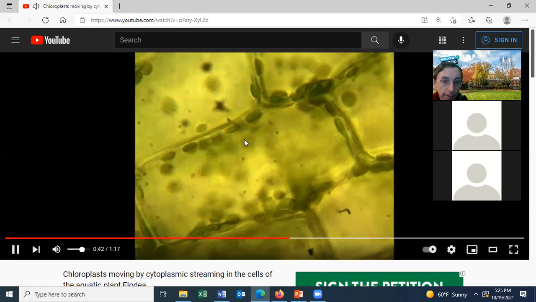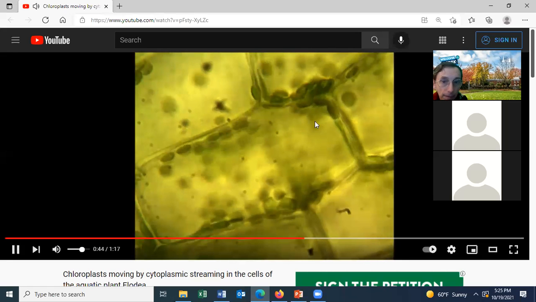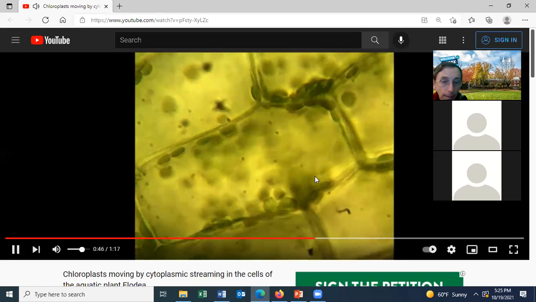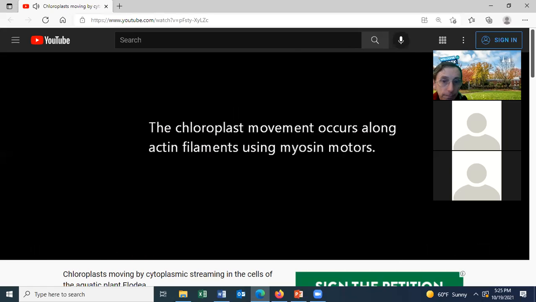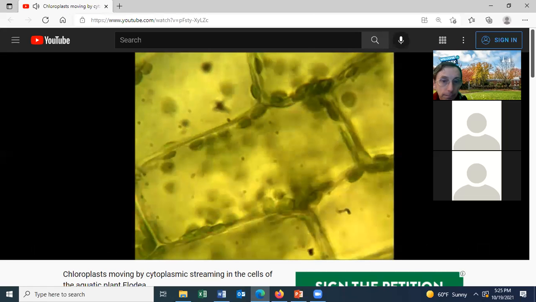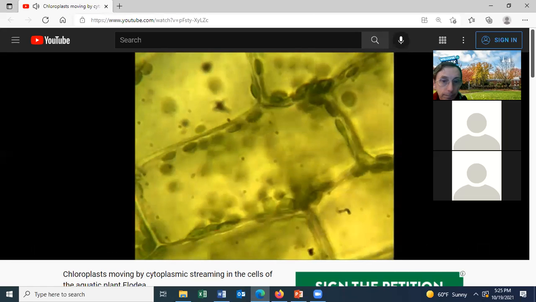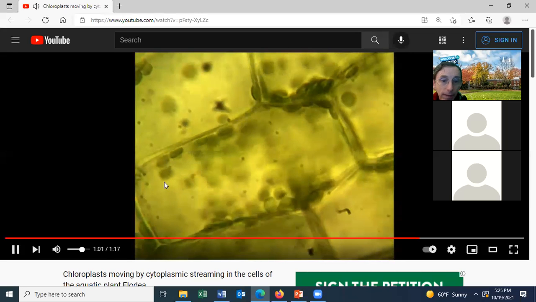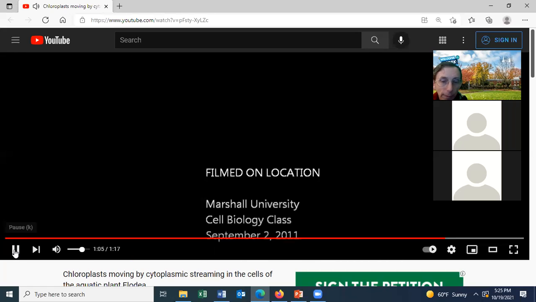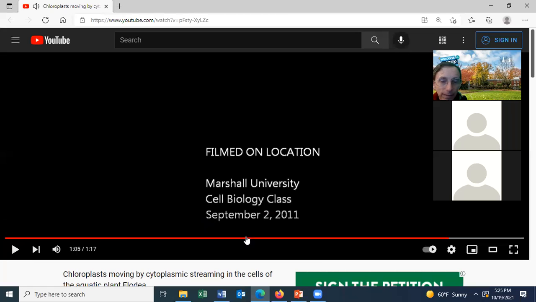Now here we can actually see part of the central vacuole. While the cytoplasm is streaming, moving around, it can move nutrients around in the cell, as well as obviously chloroplasts. Any question about any of that?